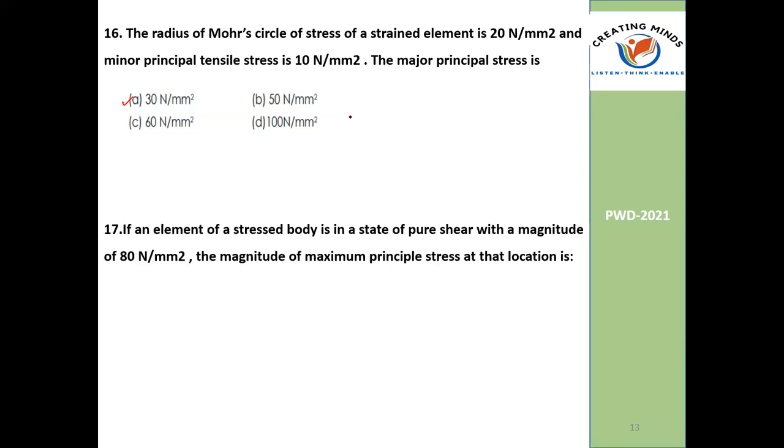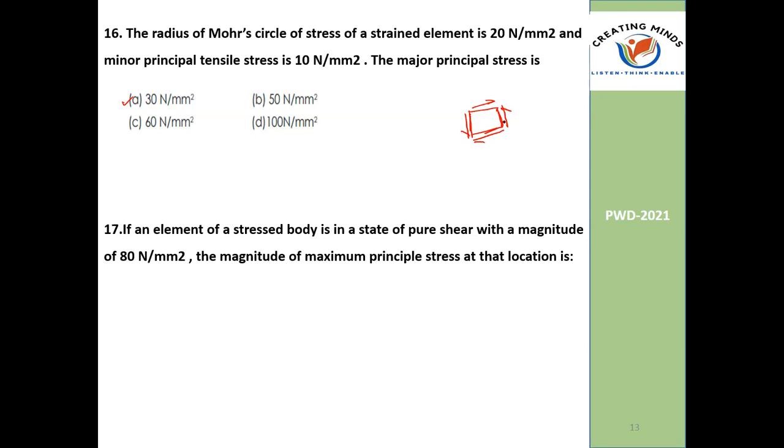See the next question. If an element of a stressed body is in a state of pure shear with a magnitude of 80 Newton per mm square. What he is telling in the problem is, if you consider an element or body, it is subjected to pure shear stress. What is meant by pure shear stress?